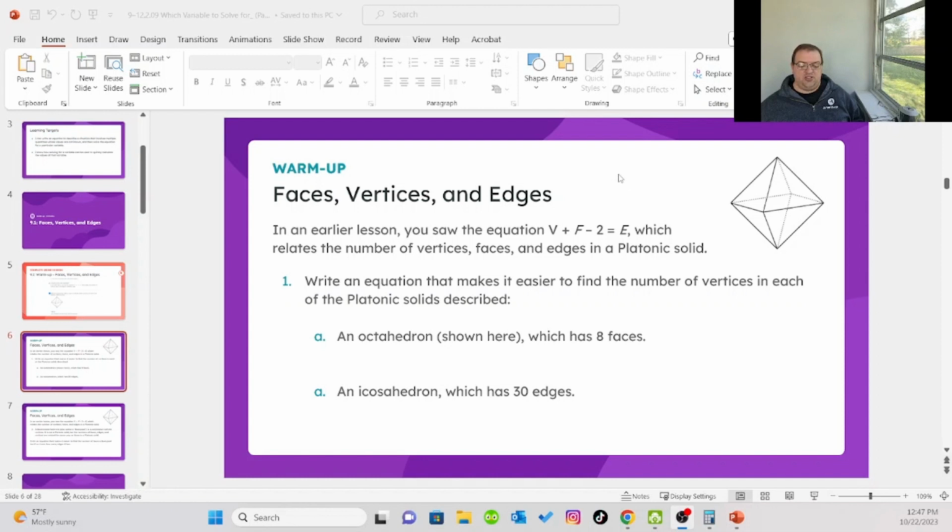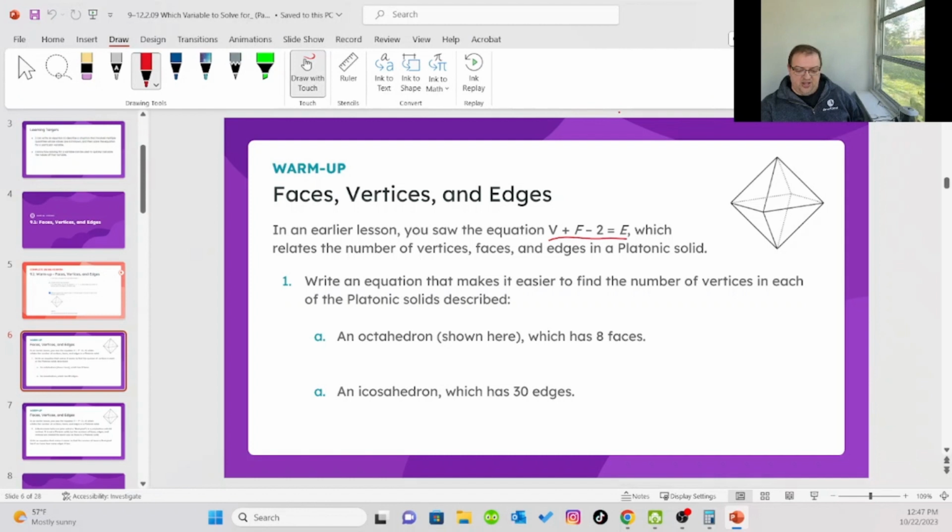Write an equation that makes it easier to find the number of vertices in each of the Platonic solids described. So, the equation they give us is set up to solve for edges, because E is by itself.